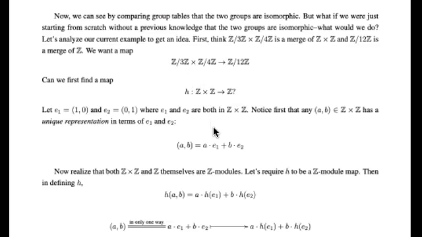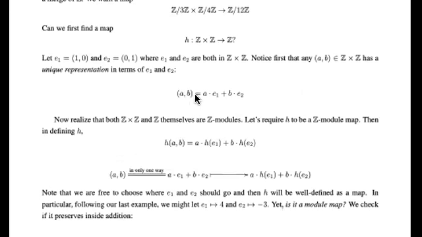Let's label E1 as (1, 0) and E2 as (0, 1), thinking of components here. They live in the domain of h. Any (a, b) up here has a unique representation like this: (a, b) is equal to a times E1 plus b times E2. You could think of this as a linear combination of E1 and E2.